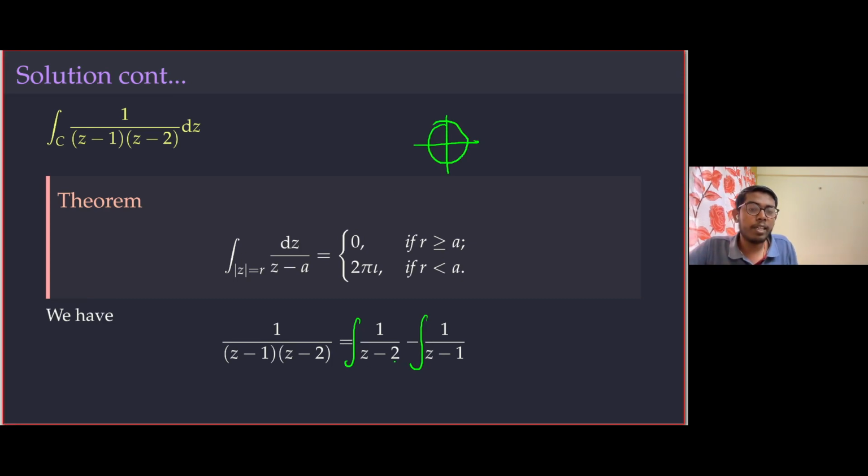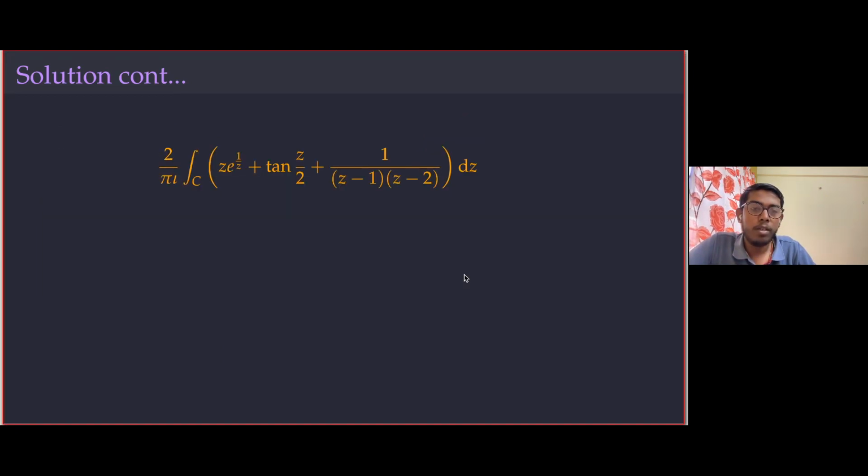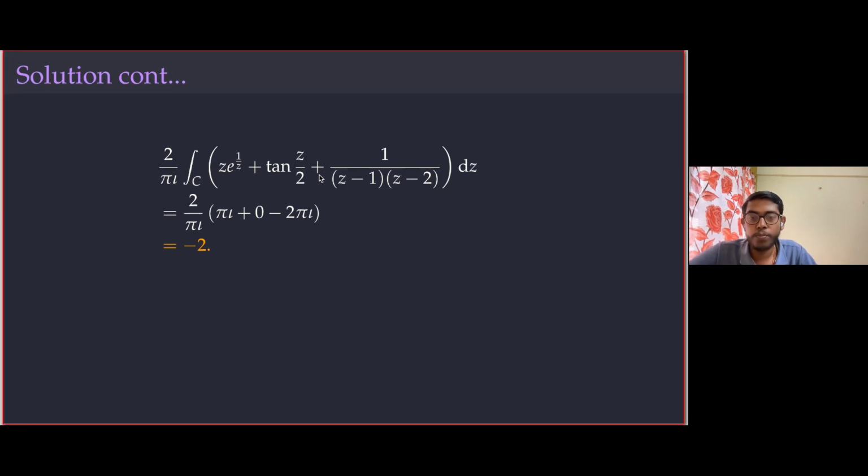The first one has its singularity at z equals 2, on the boundary, and hence this is 0. The other is 2 pi i, and it carries a minus sign, so it gives minus 2 pi i. So the integral is pi i, 0 and minus 2 pi i, which equals minus 2 pi i, and therefore the value of the integral is minus 2.